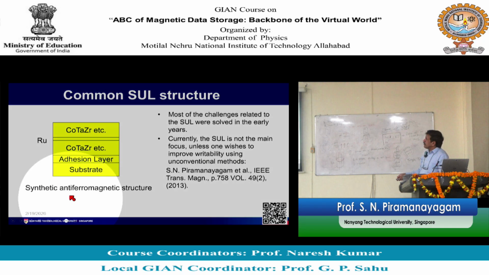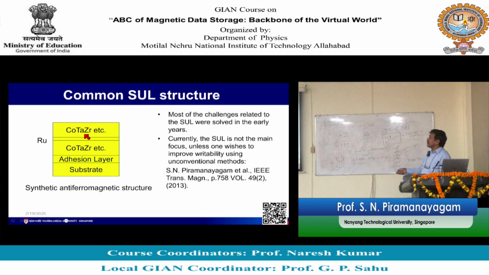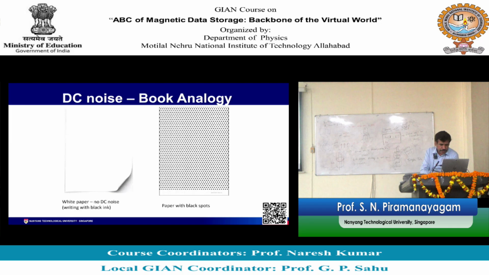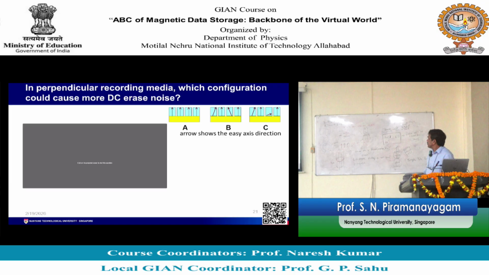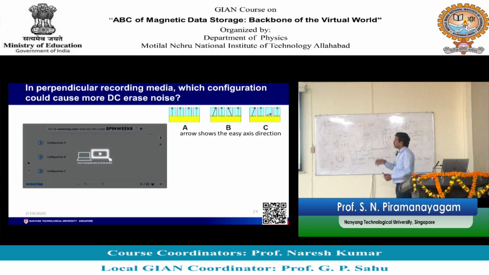Now we are going from the substrate, then you have an adhesion layer, 3 soft underlayers, this is already 4. Now, we will go on to learn more layers. Okay. Now, we discussed the DC noise before, then we learned that we want to maximize the grains with the perpendicular z axis. Okay. Let us do some questions.